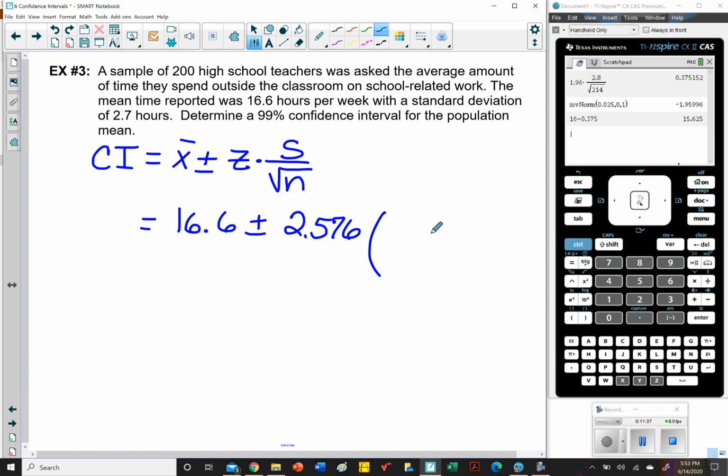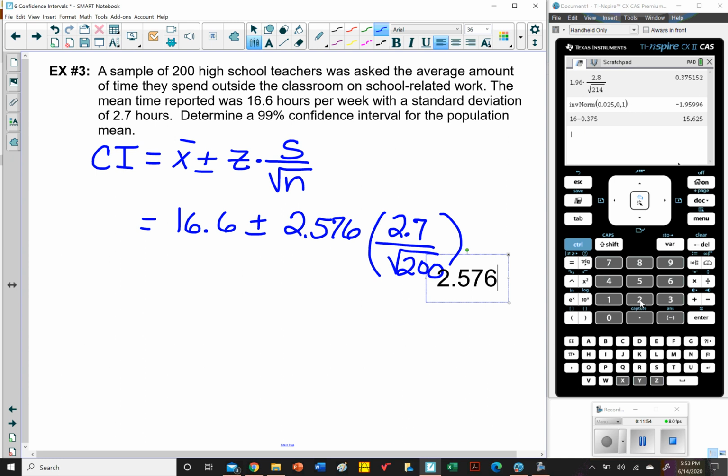2.576 times the standard deviation, that's 2.7 hours, divided by the square root of 200. So let's just figure out this error here first with the 2.576.